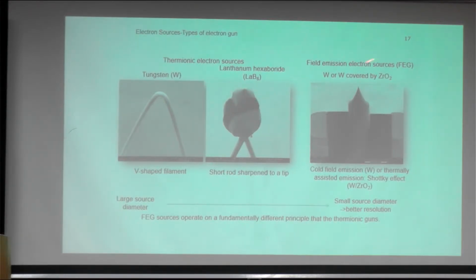In this case you can get a much better resolution compared to these sources. Actually, this type of source is also used for scanning electron microscopes, not only in the TEM area. Mainly this is used, but many microscopes are also equipped with an FEG because of better resolution.